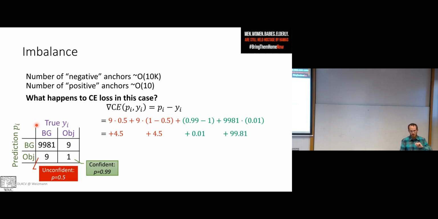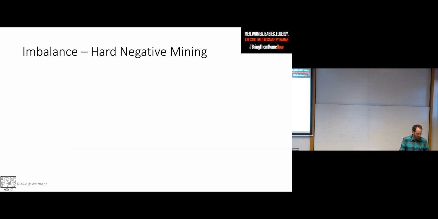I can be 0.999. And because there are so many of these, I will reduce the loss more significantly if I improve on them rather than fixing those. This is the main problem. So we have a good loss function, but it's not focusing on the right instances.